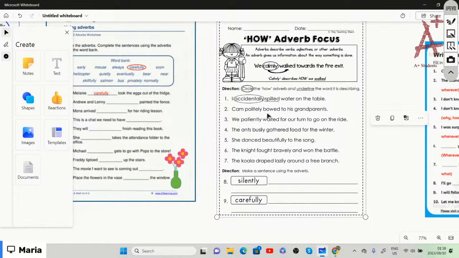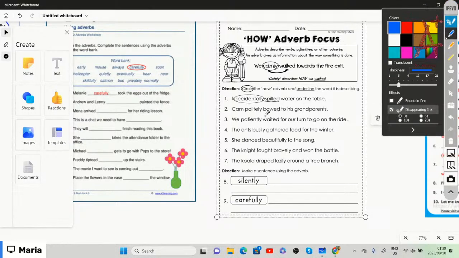Cam politely bowed to his grandparents. So, bowed is a verb. And now we need to find a word that describes it. What's happening?